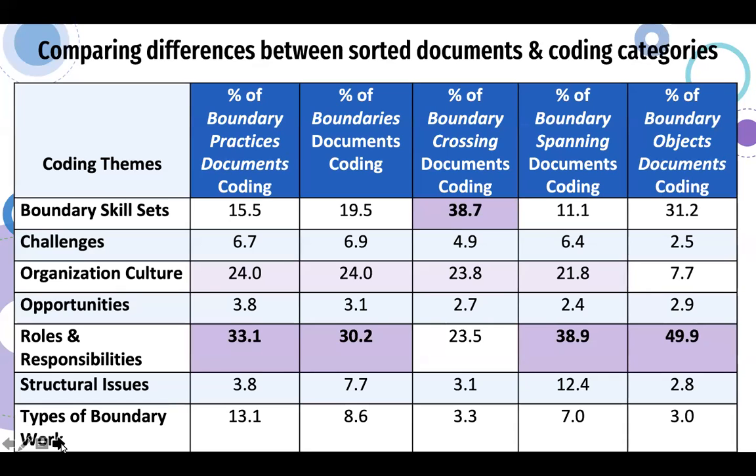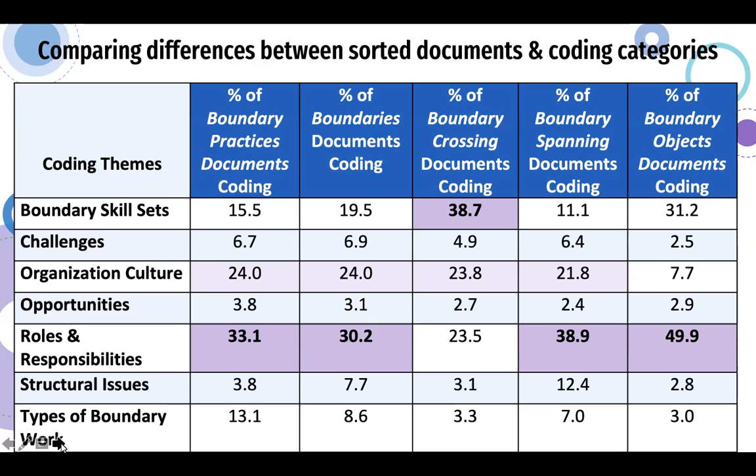4 of the types of articles all had the highest percentage of coding in the roles and responsibility of boundary crosser theme. Many articles discuss what a boundary was and how they were working at a boundary from their particular discipline.